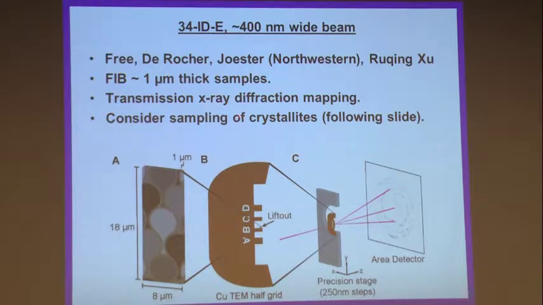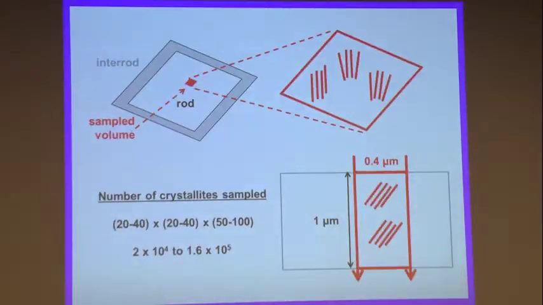So FIB was used to form 1 micron thick samples for transmission X-ray diffraction, sampling of the crystallites on the following slide. So this is our schematic of how the sample is mounted, and then the area detector. This is our sampled volume, the little red area, so we might have different crystallite orientations there.